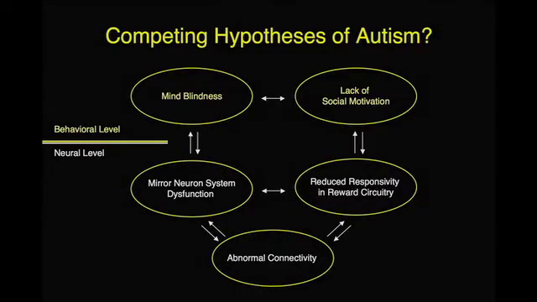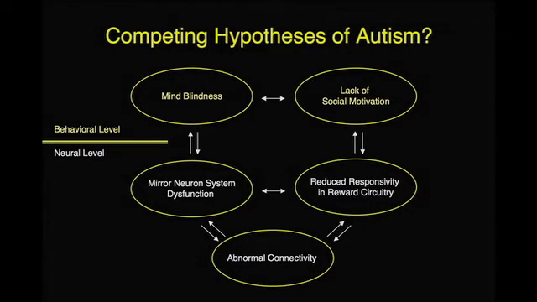Okay, in wrapping it up, I have here just a silly graph plotting some of the prevailing hypotheses that have been put forward in autism, and above here you see two that have been proposed and discussed at the behavioral level, if you will. So this mind blindness, this inability to understand other people's intentions and their mental states, and this lack of social motivation that I've alluded to before.